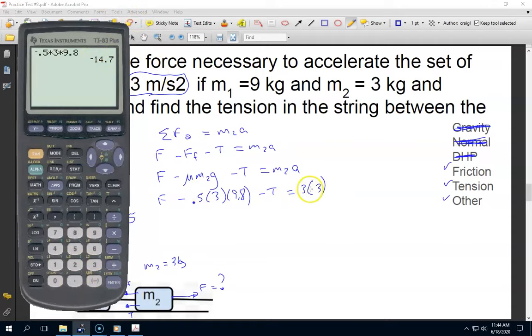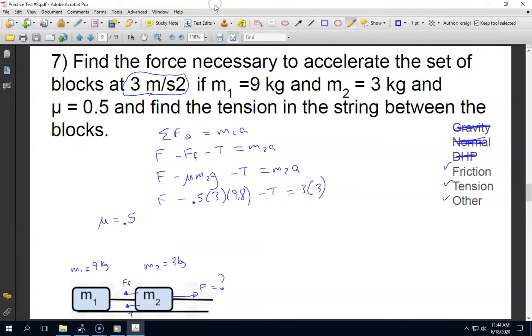I'm going to add that 14.7 to both sides. So 3 times 3 plus the 14.7 would be 23.7. I could write F minus T equals 23.7. And that's as far as I'm going because there's two unknowns. I can't solve that right off the bat.